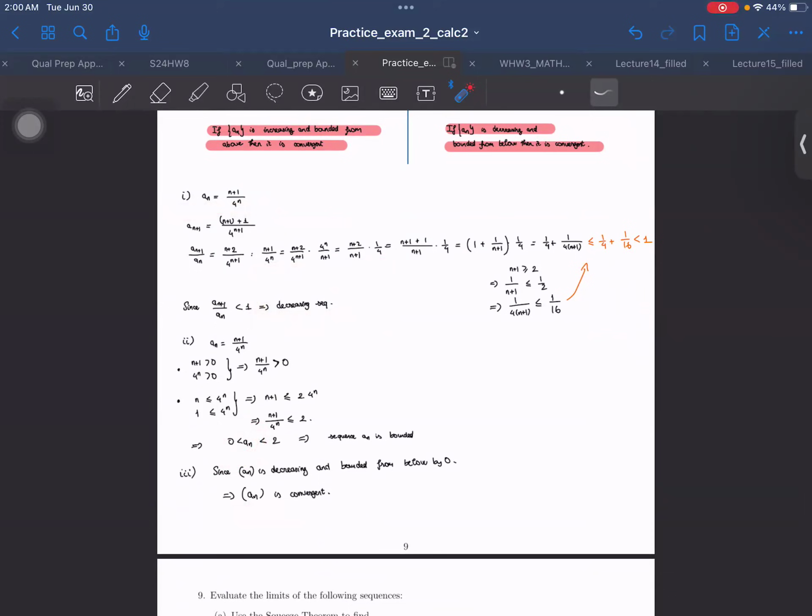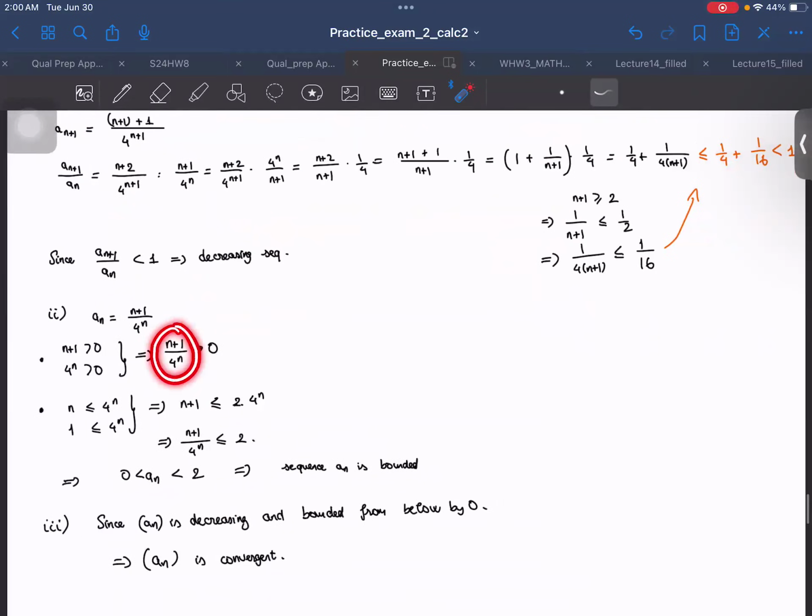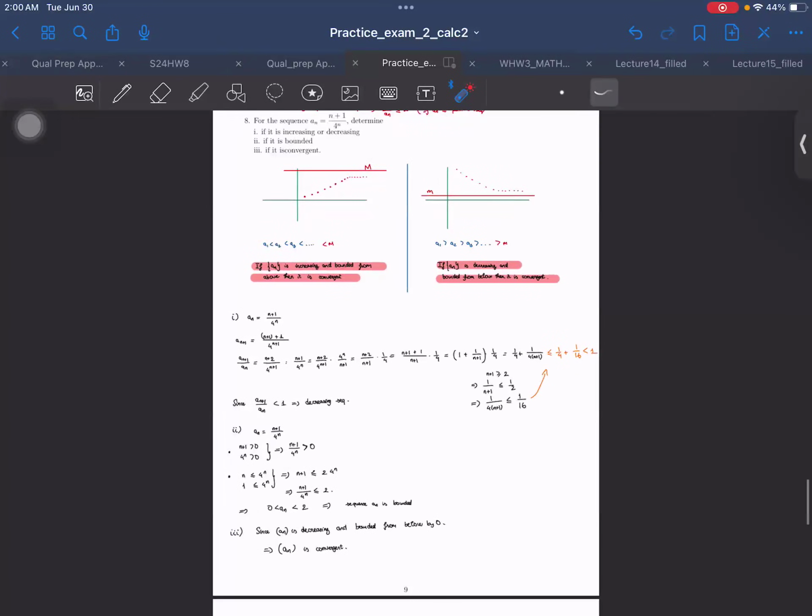For instance, even if I have some different sequence that is not bounded from above, as long as I can find some lower bound for my sequence, then I can use these two statements to conclude the convergence of my sequence.